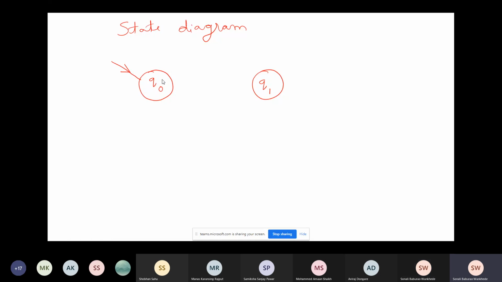So that's why it is called an initial state. Now let us have a look here. For example, I have two states, Q naught and Q1. Now let's take our binary string values. What were the values over here? You had 100101 and 101110.